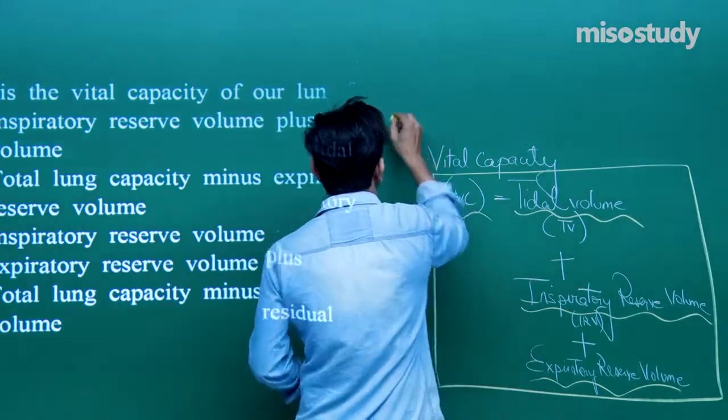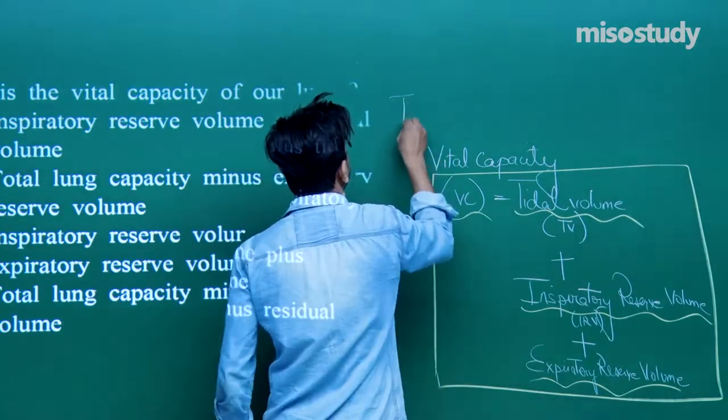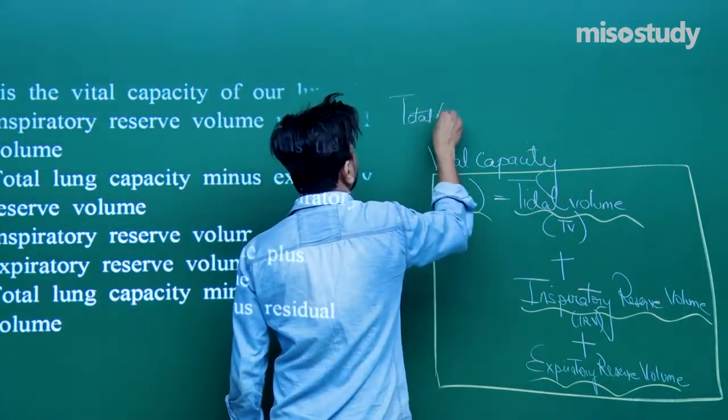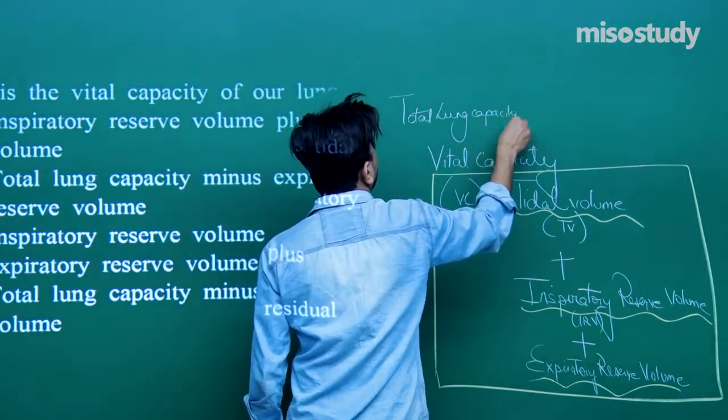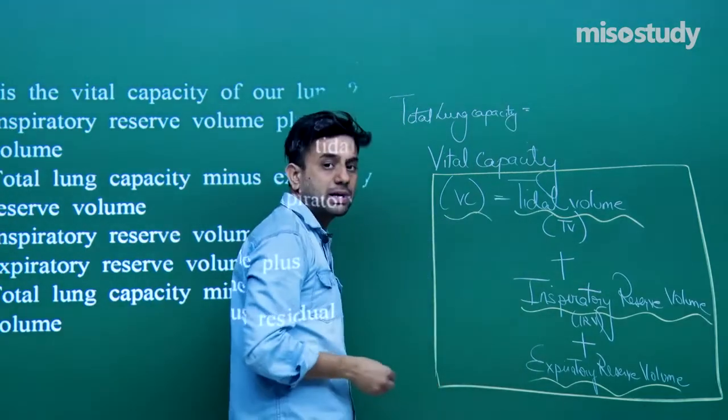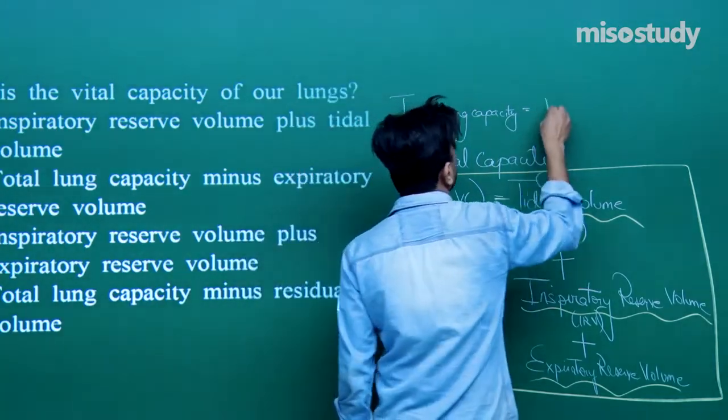Now the total lung capacity is the vital capacity plus the residual volume.